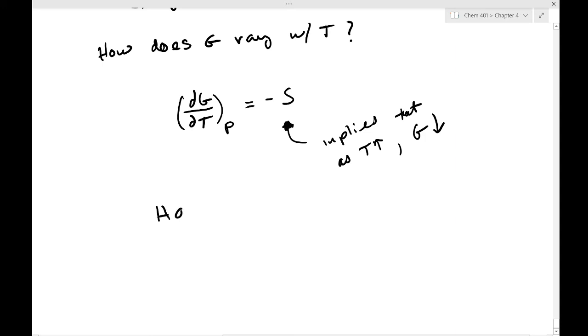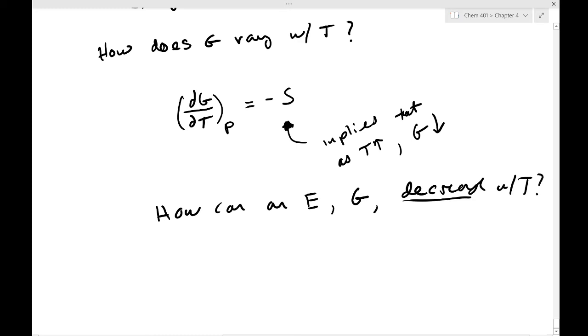How can an energy, G, decrease with T? Everything that we would think of from an intuitive perspective would tell us that energy should increase with temperature, right? You're increasing the amount of thermal energy that's available to the system.